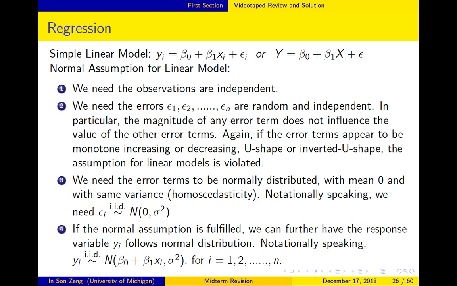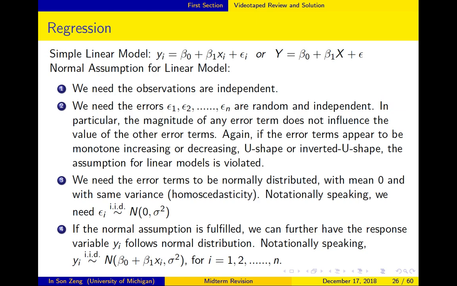Xi is the observed value of the predictor for observation i, whereas epsilon i denotes the error term for observation i. Or we can use the matrix form, which is capital Y equals beta 0 plus beta 1 times capital X plus epsilon.